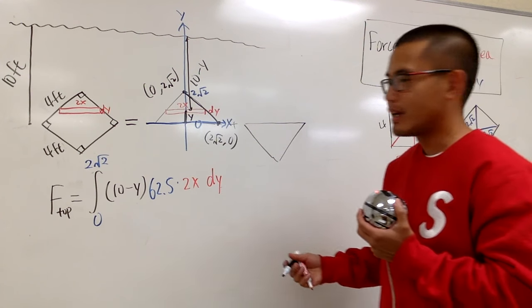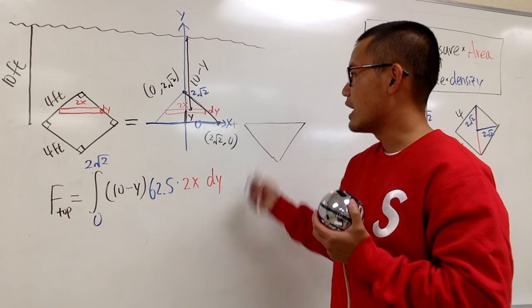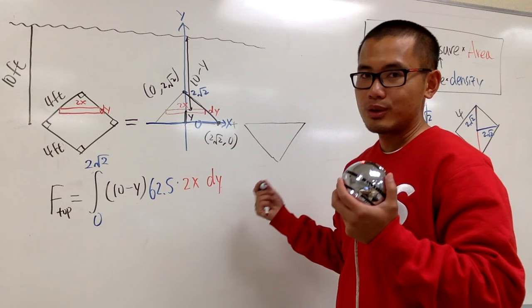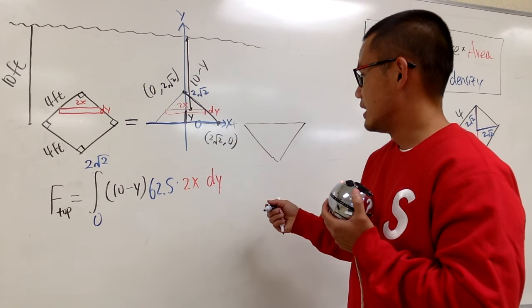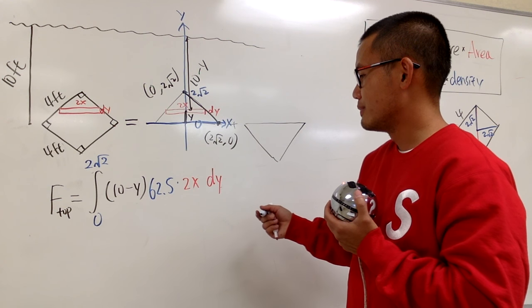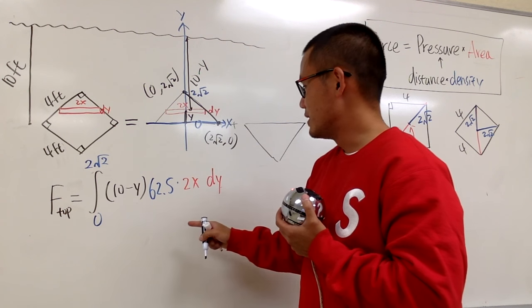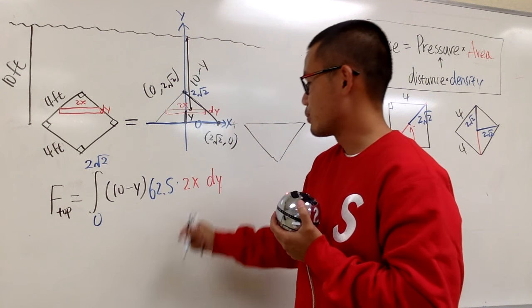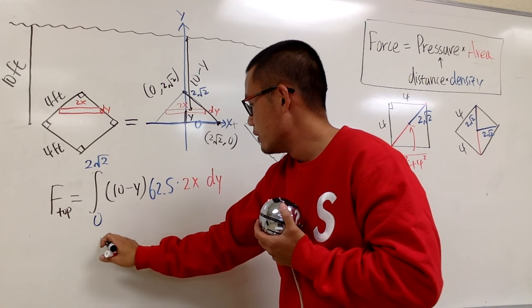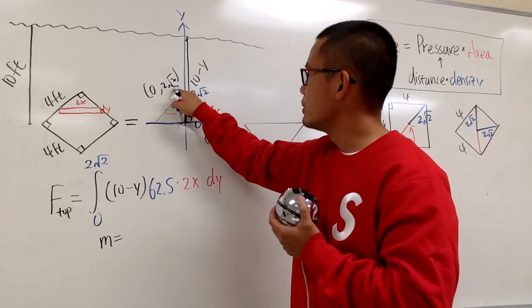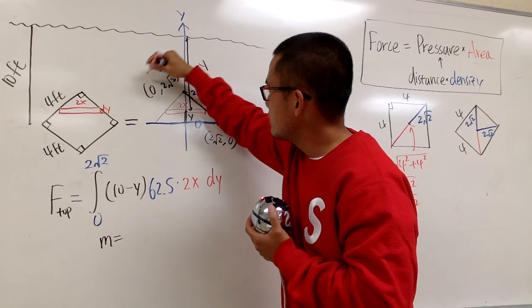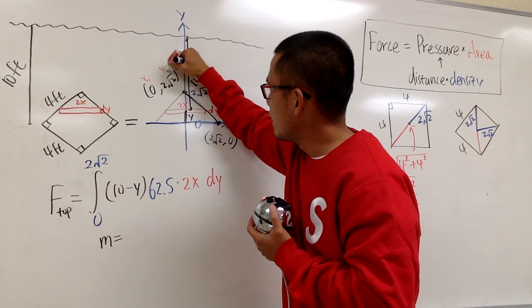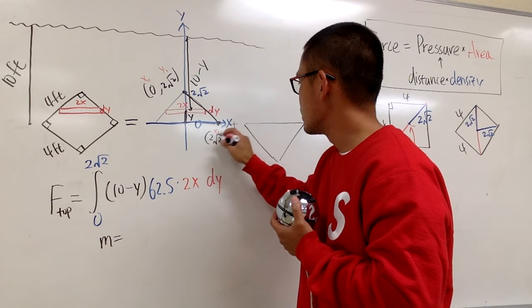Okay, how can we find out the equation of the line with 2 points? Well, the good old-fashioned way, isn't it? Let me just squeeze it in right here probably. For the slope, this is my x1, y1, and this is my x2, y2.